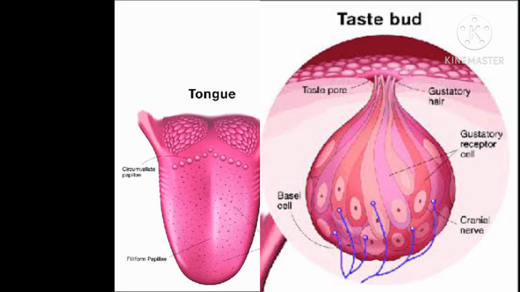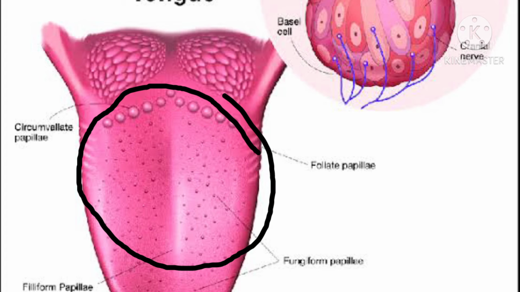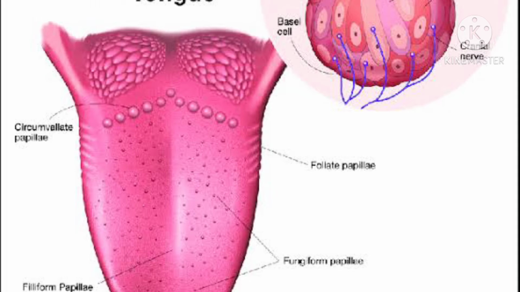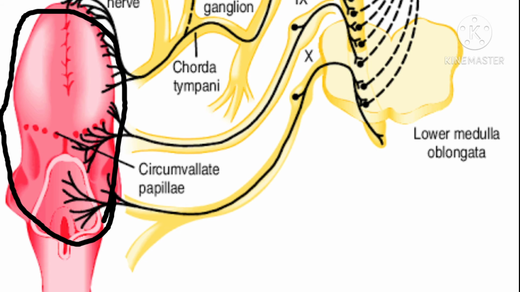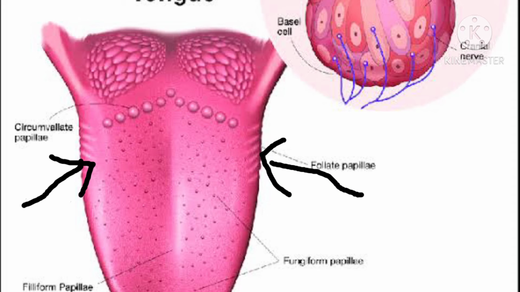The taste bud sensations are not the same on every part of the tongue surface. The front part of the tongue is sensitive to sweet and salty substances. Bitter substances are tasted at the back of the tongue and near the throat. Sour substances are tasted on the sides of the tongue.